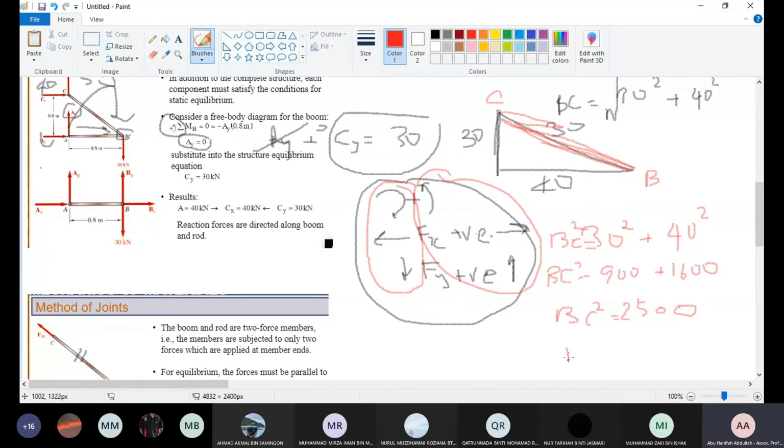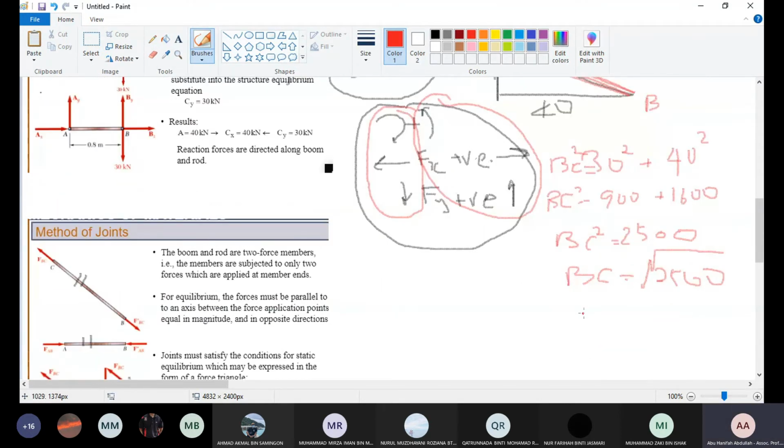So to get the BC, remember, you have to square root the 2500. So BC will be 50. Okay, this answer.